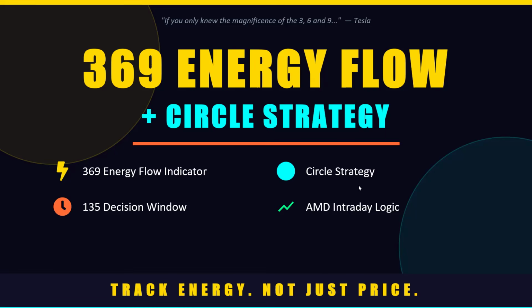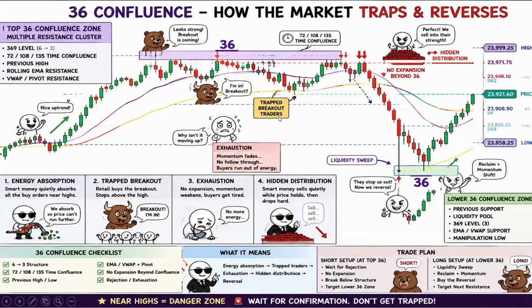You are going to understand this AMD intraday logic with the help of the indicator, and with the help of my Nalini Precision Engine, you can take the trade. You can track energy, not just price. I'm going to show you, with this example image, how the market traps and reverses.